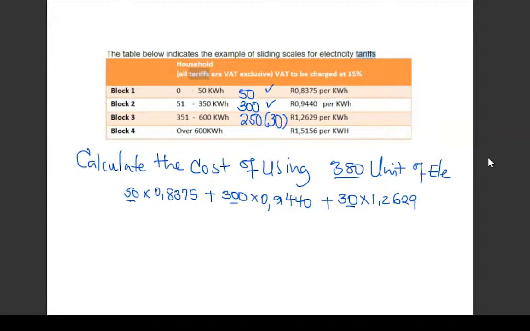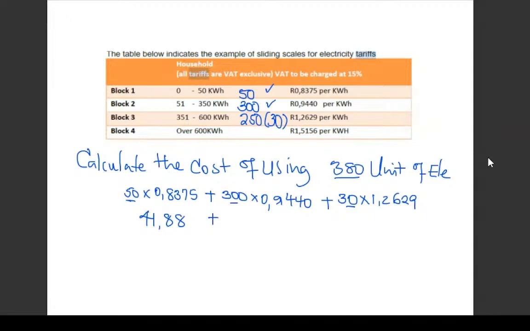Anyway, let's look. When you multiply 50 times 0,375, what do you get? You have the answer is 41,88, plus 300 times 0,944.